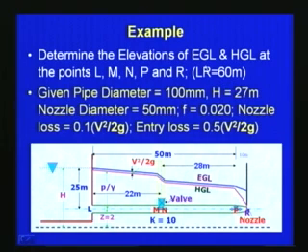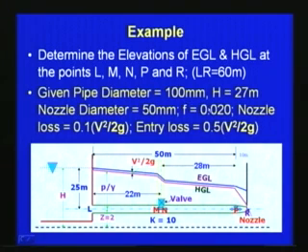So we have to find the elevations of the EGL and HGL at points L, M, N, P and R. The data given: the diameter of the pipe is 100 mm, the total H with respect to the tank is 2 meters plus 25, so 27 meters, and the nozzle diameter is given as 50 millimeter.